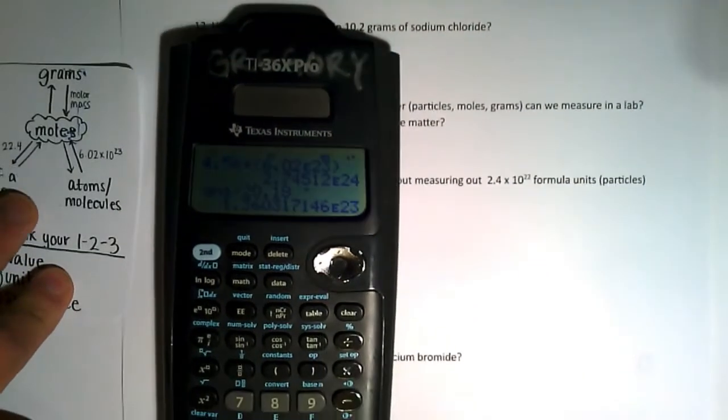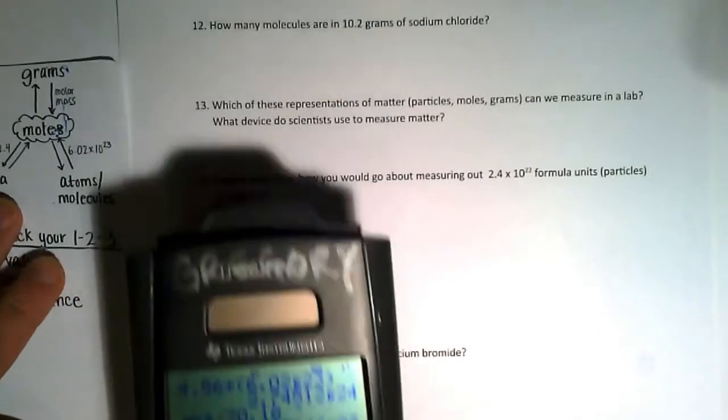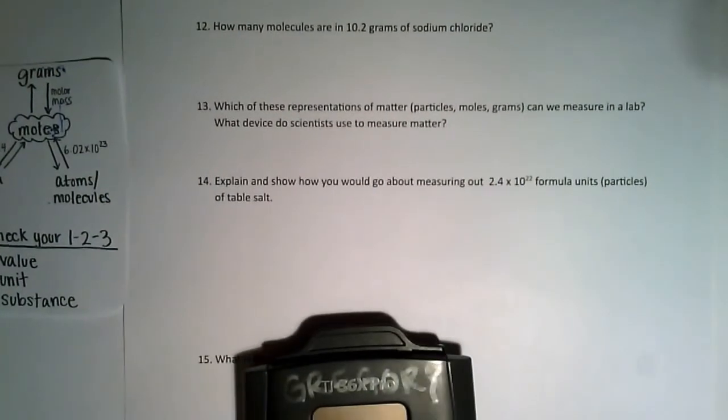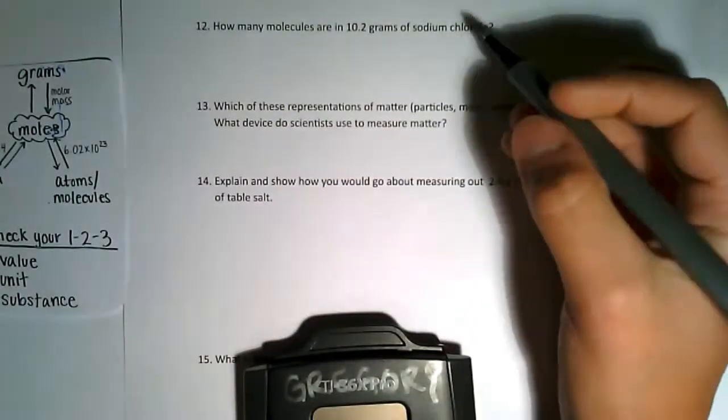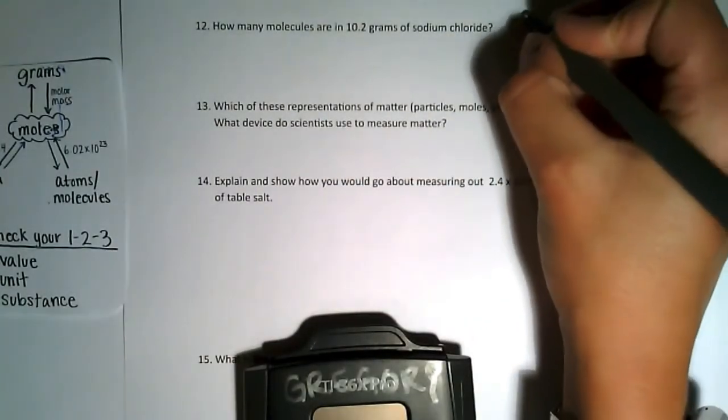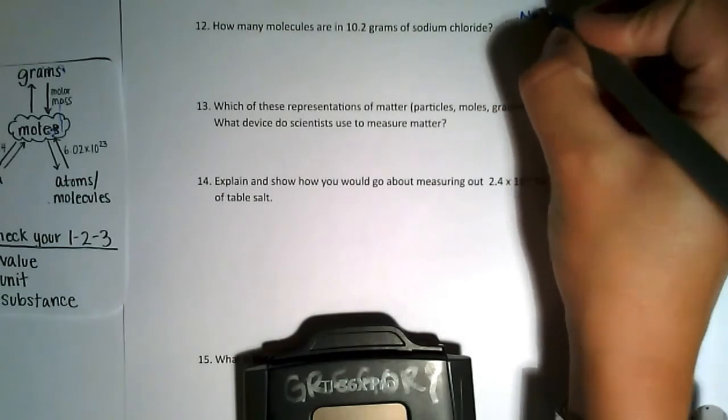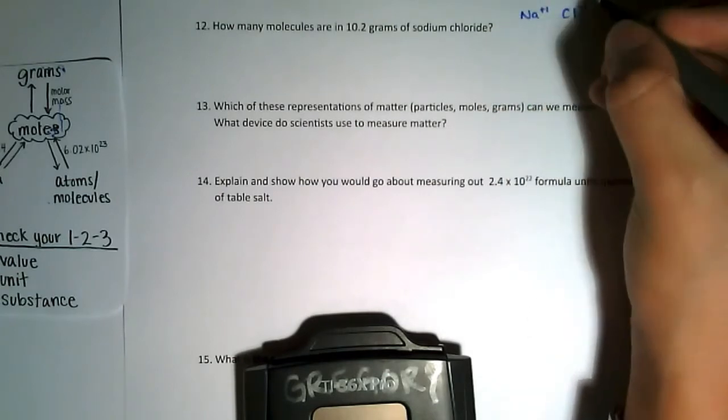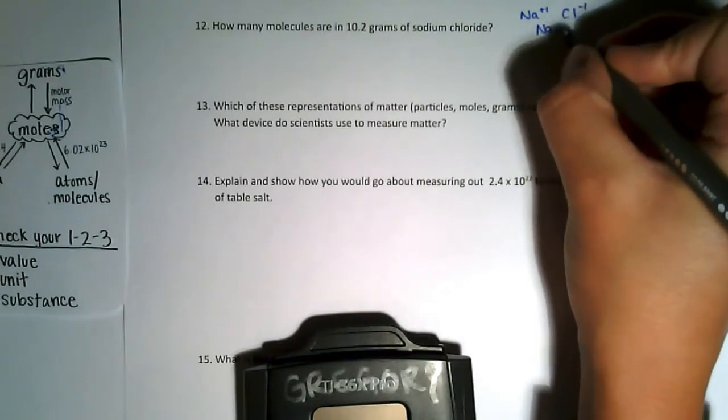Let's see, move the paper up a little bit. My next problem says, how many molecules are in 10.2 grams of sodium chloride? So sodium chloride, now I need to do my crisscross. Na with a +1 charge, Cl with a -1 charge, so we get NaCl.